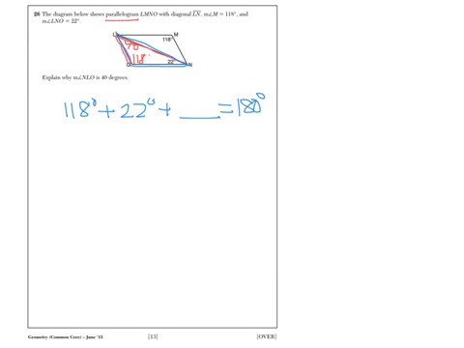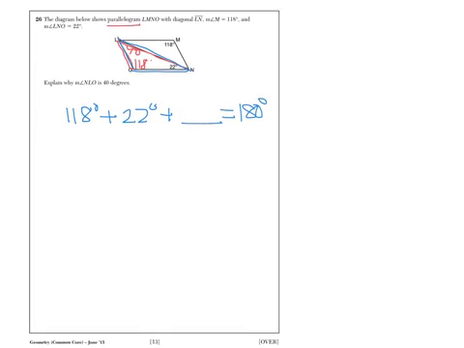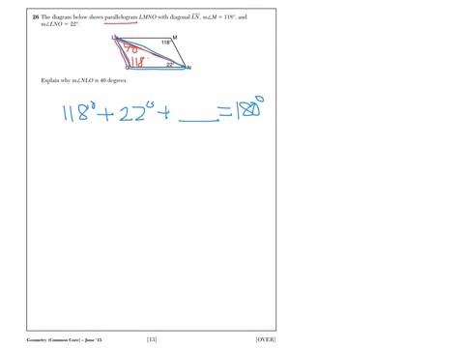So this is the reason as to why angle NLO has got to be 40 degrees. So if you can write that all down in an explanation, then we're good.